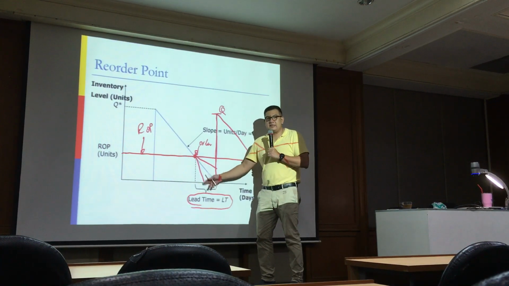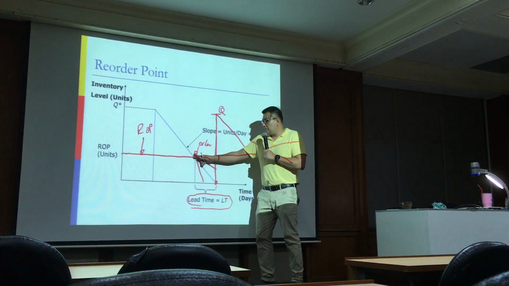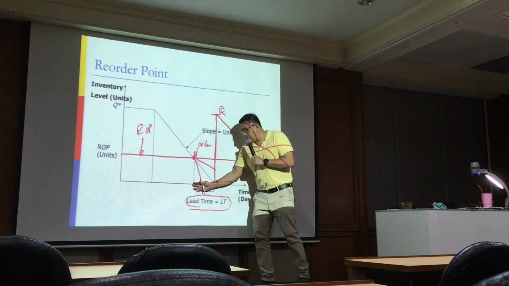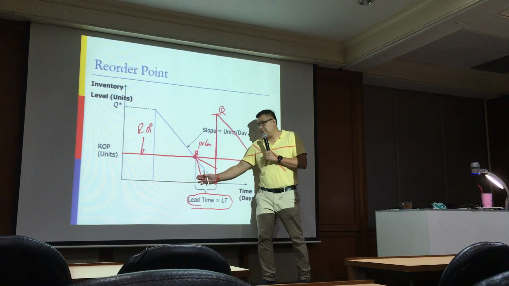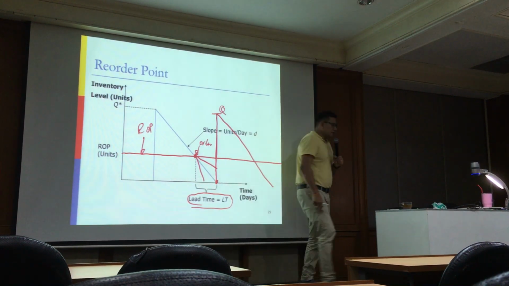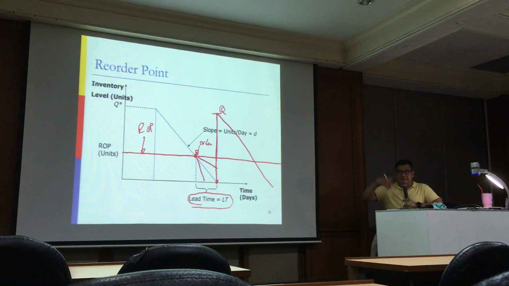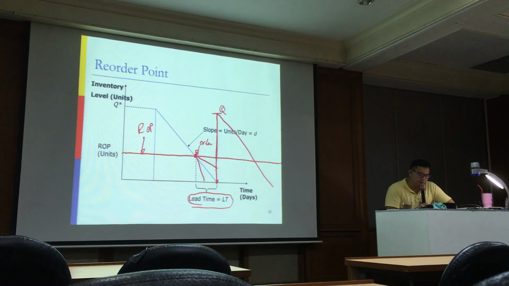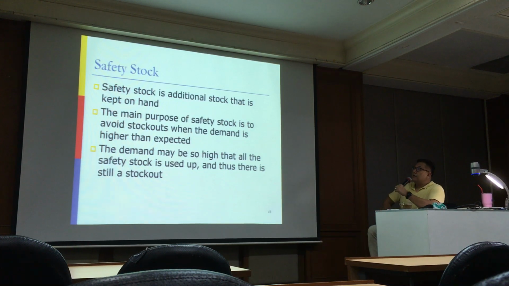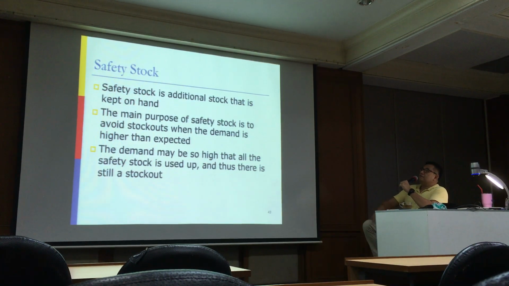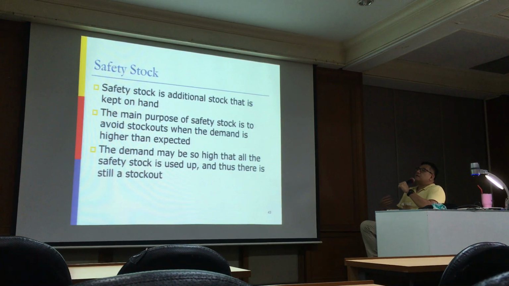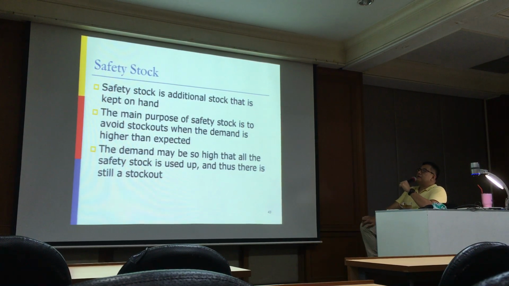This might be a problem of shortage or stock out, because we don't have enough inventory to provide for the time period of the lead time, right? So in this case, it's going to lead into the concept of safety stock. For the safety stock that we're going to study here, we need an inventory that we store in order to make sure that we can use it to support the demand, actually for the uncertain demand, right?